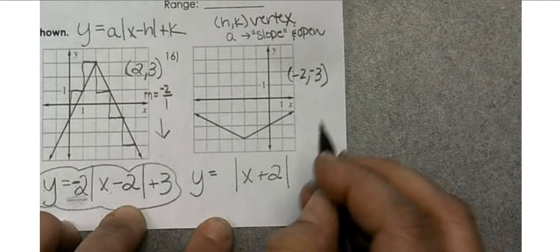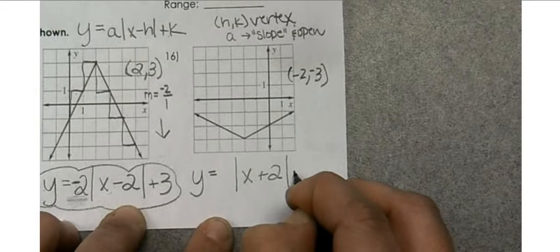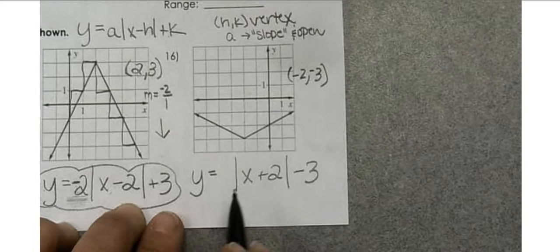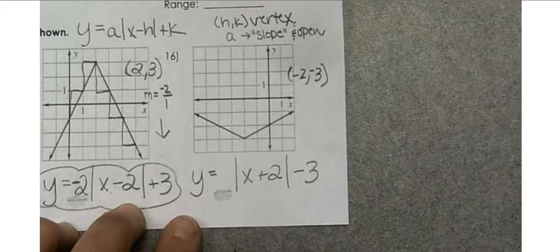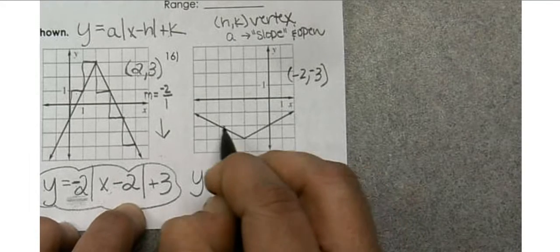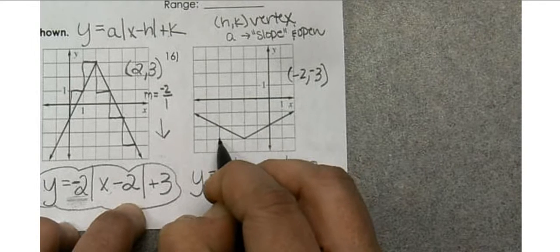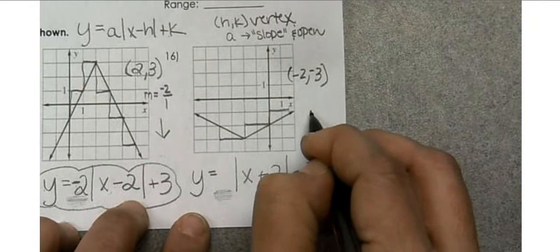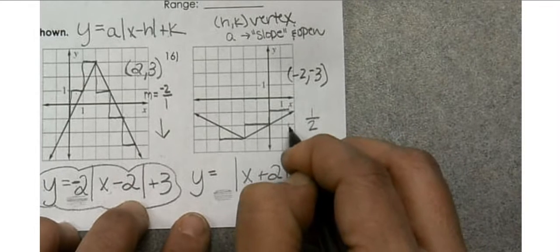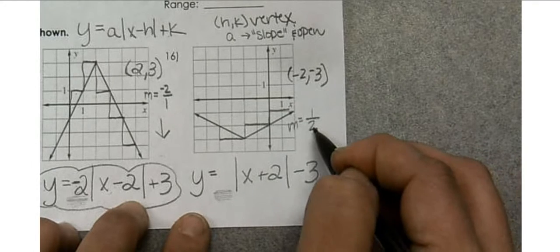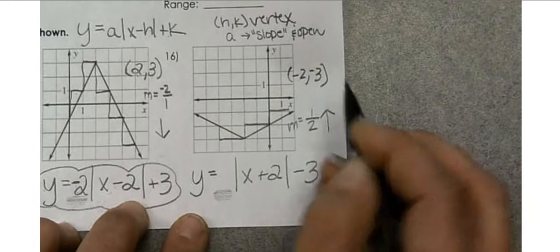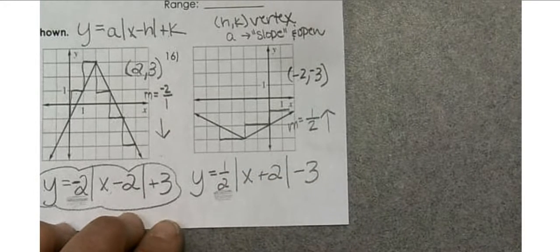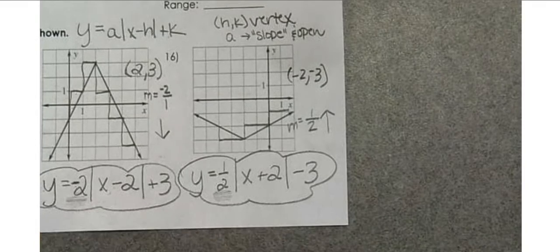On the outside, it's the same sign as what we see, -3. Now let's try to find this value here. If we look, we're going down 1 over 2, or up 1 over 2. So we have a slope of ±1/2, but because it's opening upward, when we put that 1/2, we'll keep it positive. And that's the equation. So that's not bad, right?